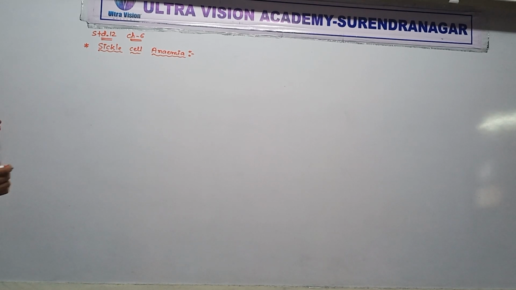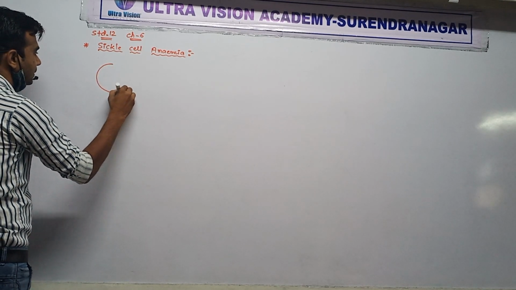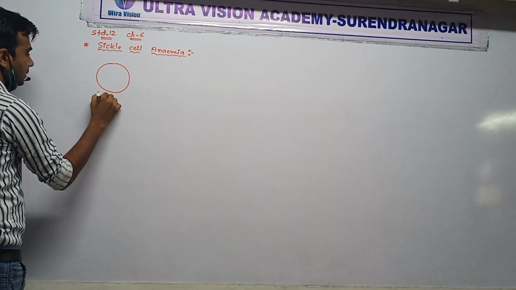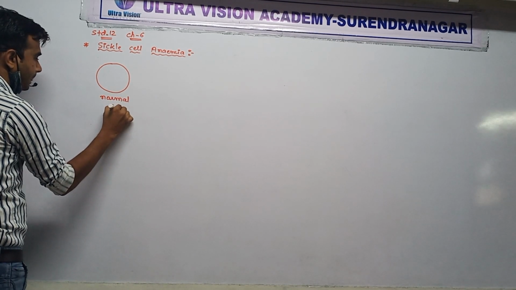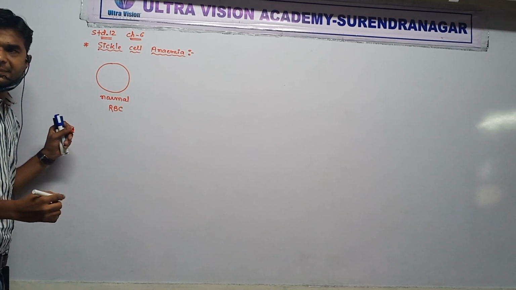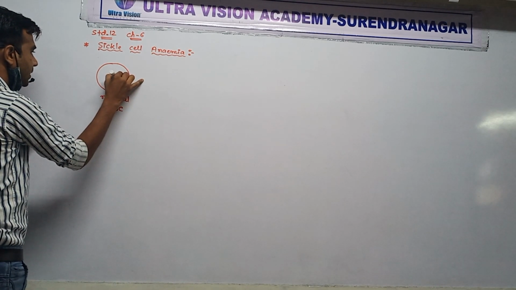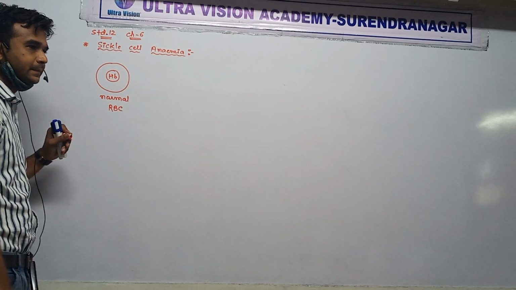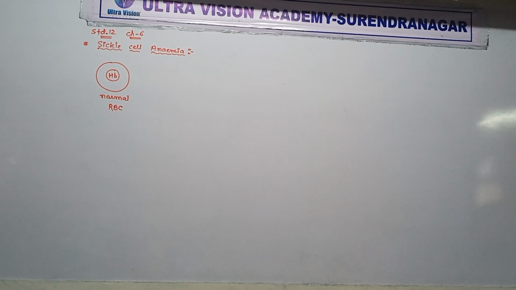You know that normal RBC is round in shape. Normal RBC is round in shape, and in the center of it, hemoglobin is present. As you know, RBCs are anucleated.